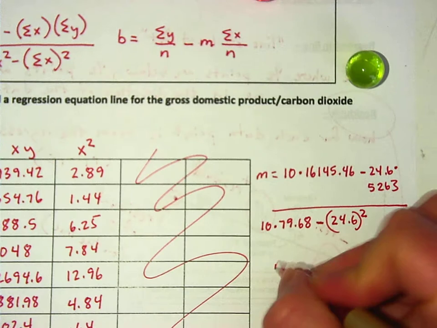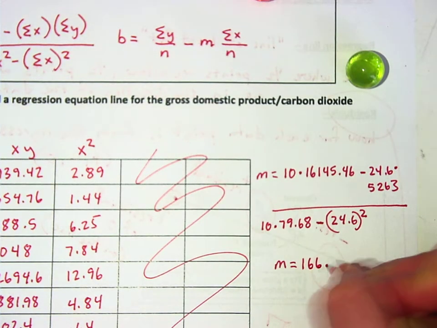If you do it right, you should get 166.9.